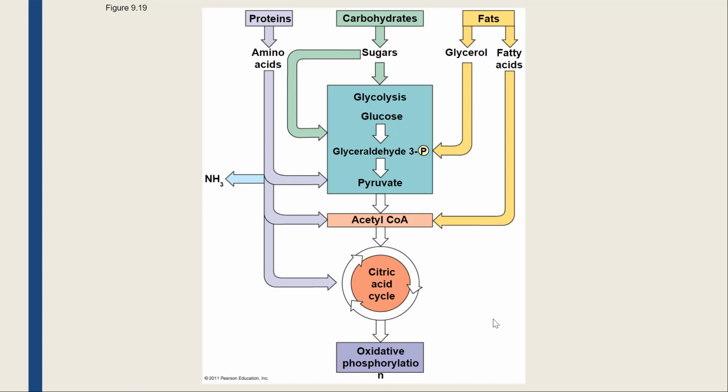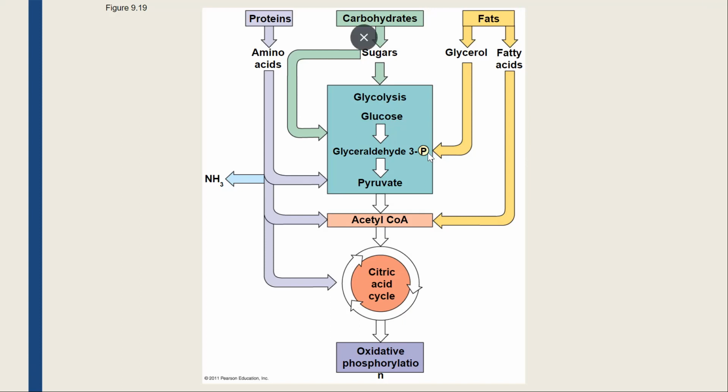But we can also use the proteins from our diet. Those will get broken down and they will enter into different stages of cellular respiration, but can still be used to generate energy. And same thing with fats.